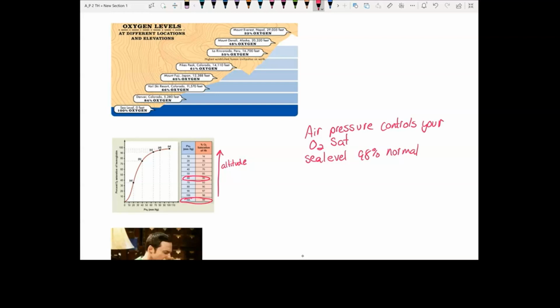If you wanted to get 100%, you would have to go into a hyperbaric chamber. And you would have to triple the air pressure.